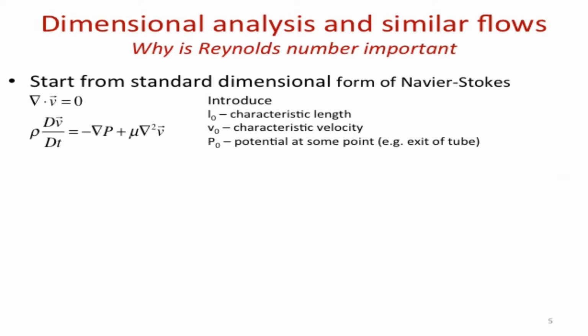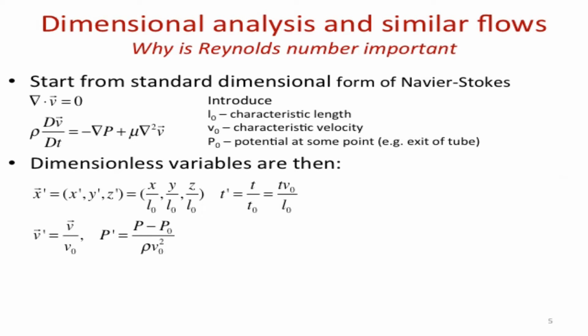So now if I want to basically make this dimensionless, I will introduce a characteristic length in my system that I'm dividing with, a characteristic velocity of this system, and some potential at some point so that I can actually, for instance, use the exit of a tube. So my dimensionless variables are then, anything to do with the actual position I'm going to divide by L0, okay?